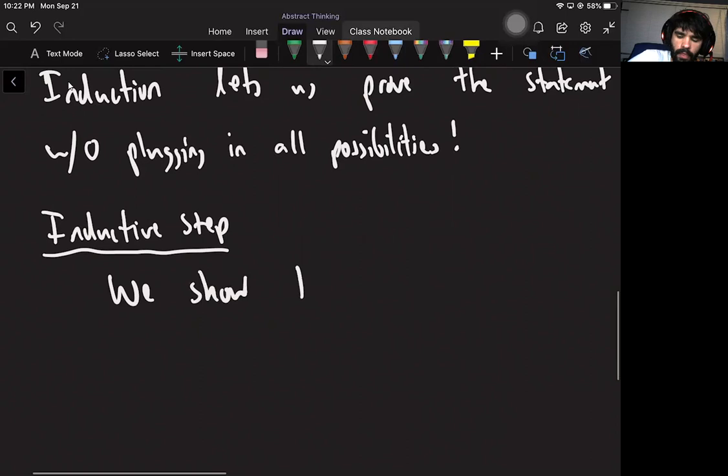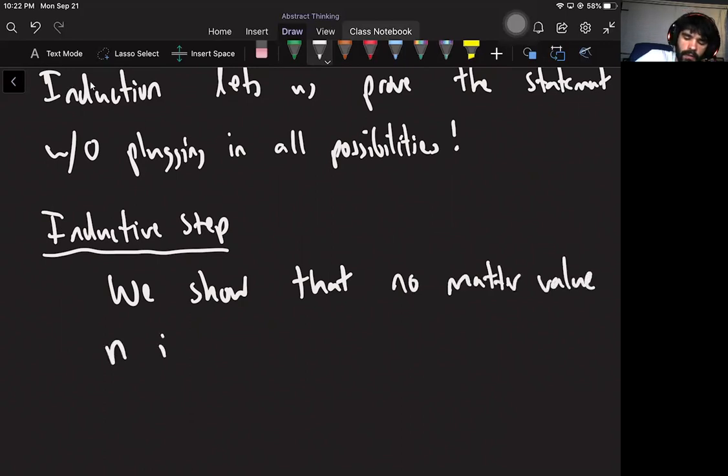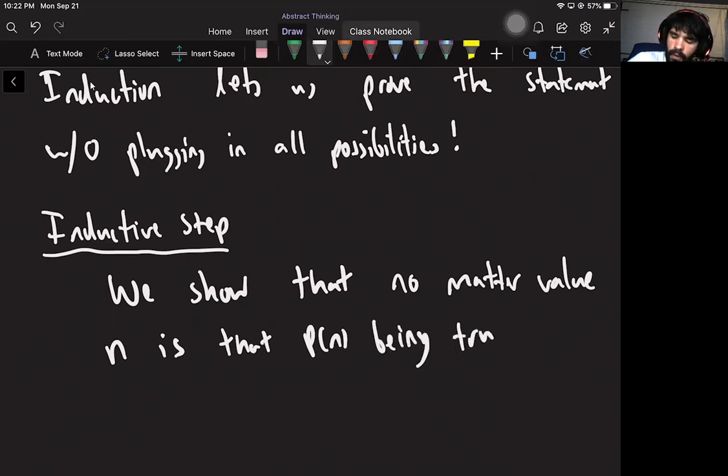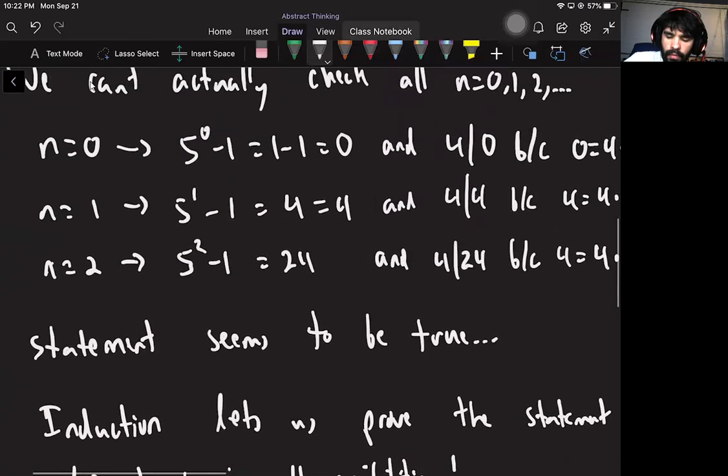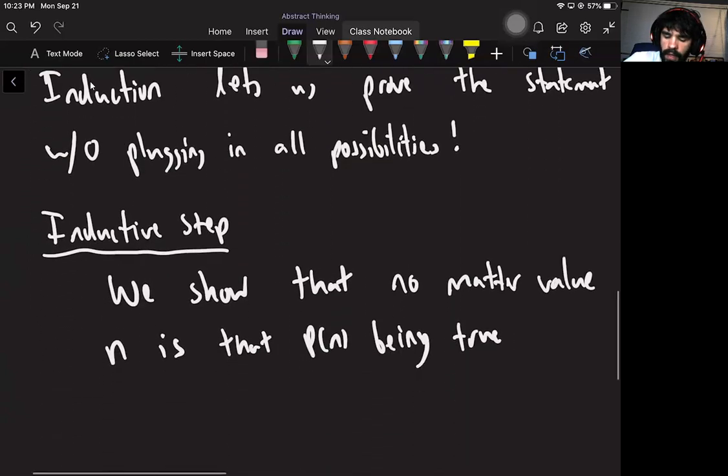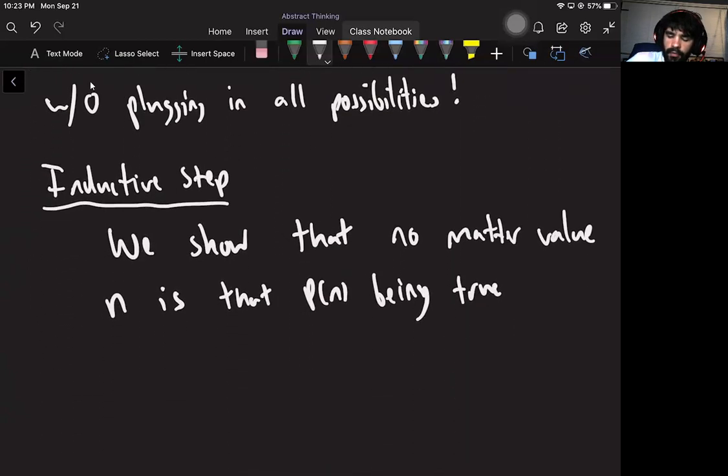We show that no matter what value n is, if p of n is true, so this is saying it's true for some random number, then this will imply p of n plus 1 is true.